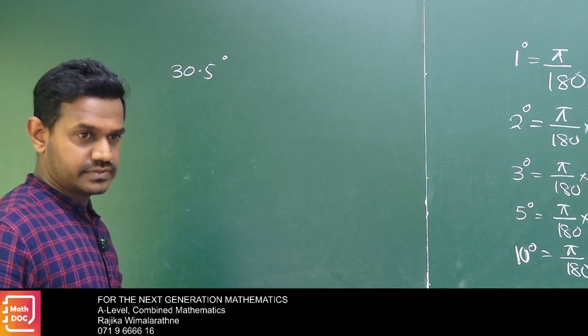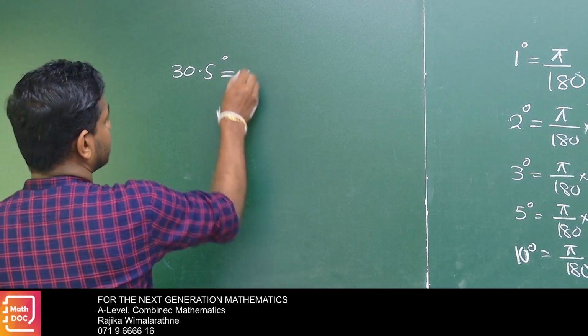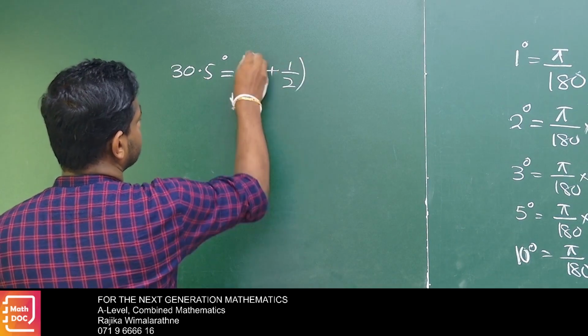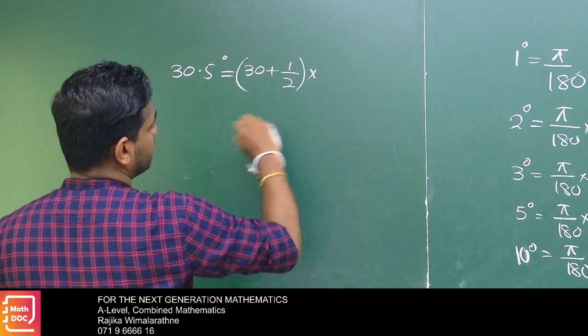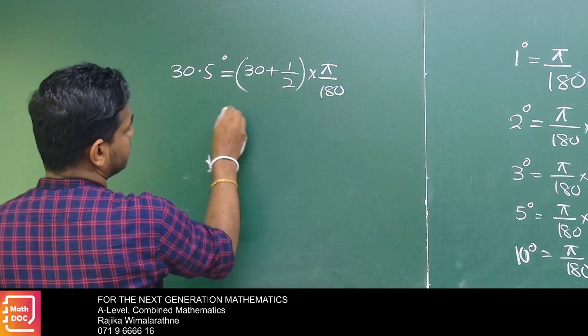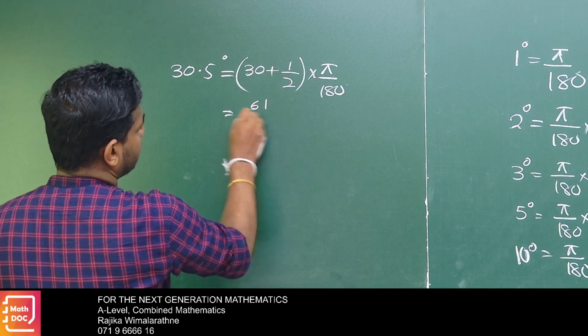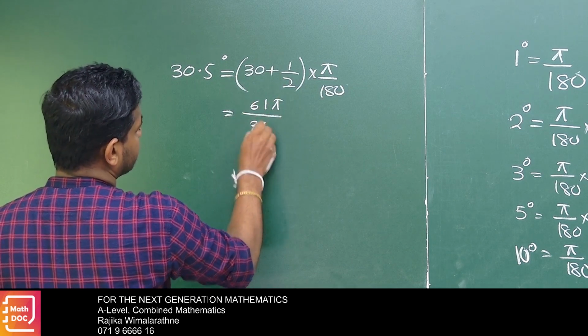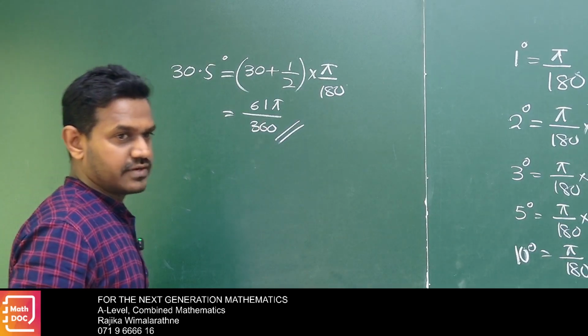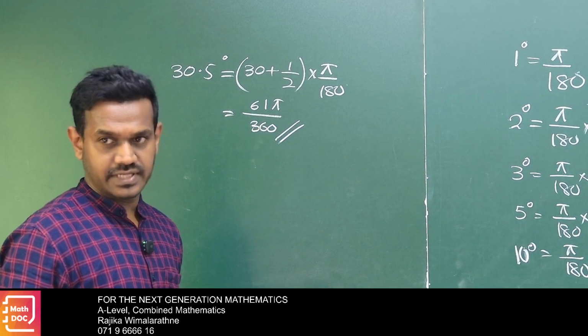Then we can do the same thing. 30.5 is 30 plus 0.5, which means 1 over 2. 1 degree equals pi divided by 180. Then now it is in radians: 61 pi divided by 360. Then here is the radian angle.